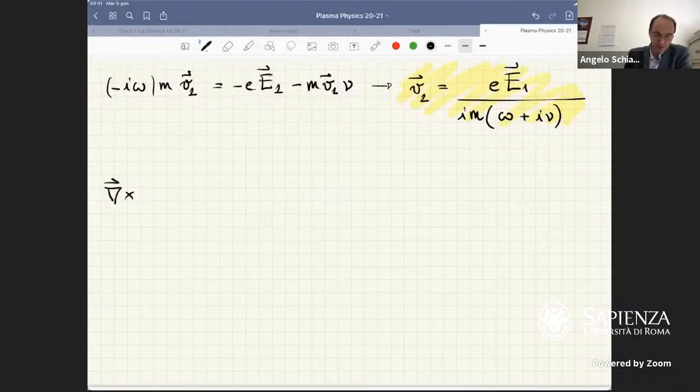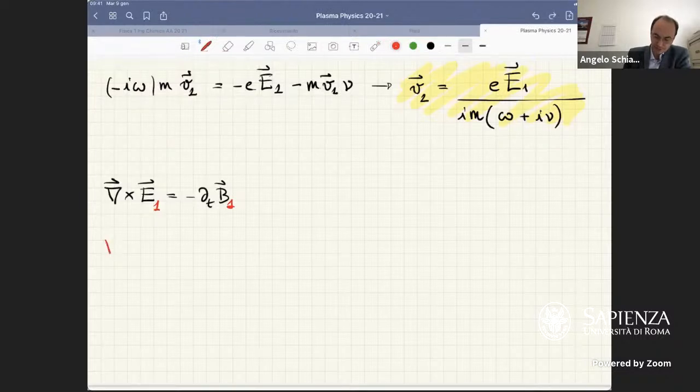So we have curl of E equals minus time derivative of B, and we are linearizing it and expressing it as a function of the perturbation.